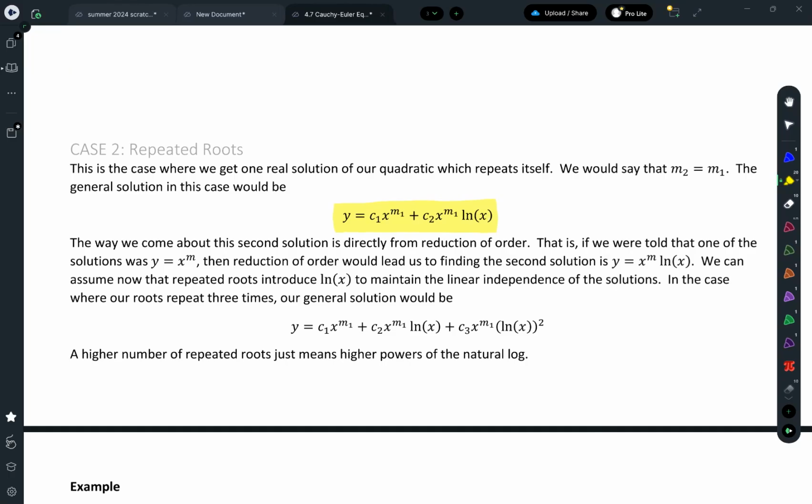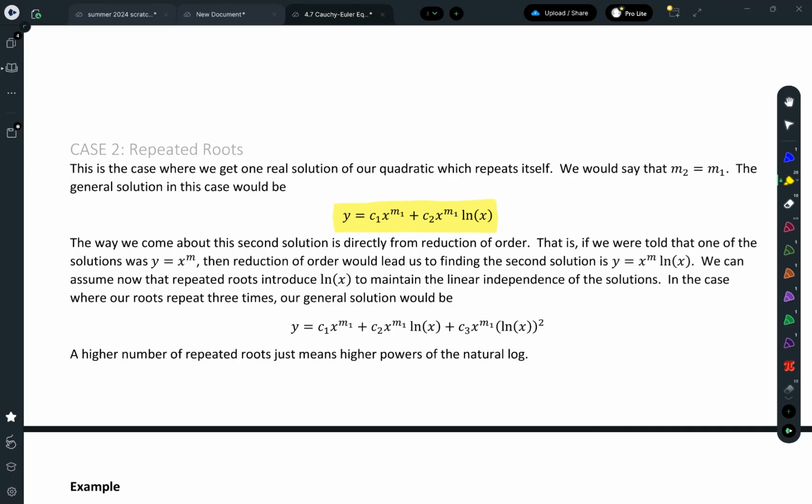So if we had 3 repetitions of m, then the first one would be c1 x to the m sub 1, and then we'd have c2 x to the m1 times ln of x, and then we'd have c3 x to the m1, and then another ln of x gets multiplied, and it'd be ln of x all squared. Okay, so a higher number of repeated roots just means higher powers of the natural log.